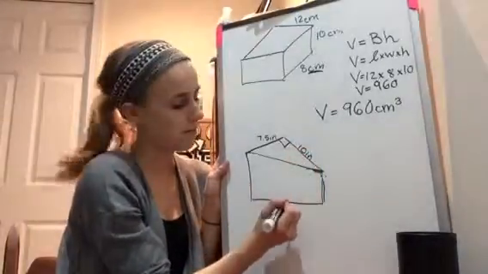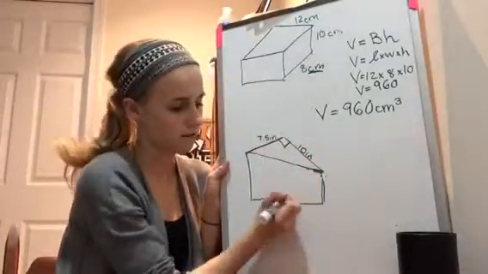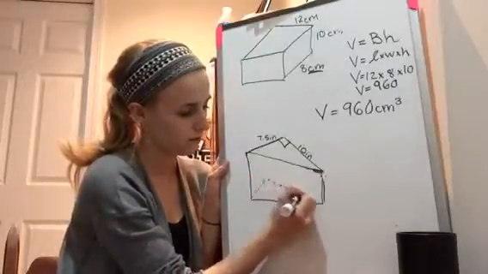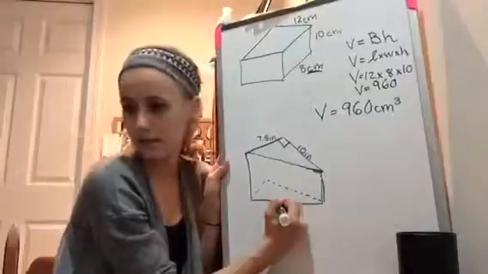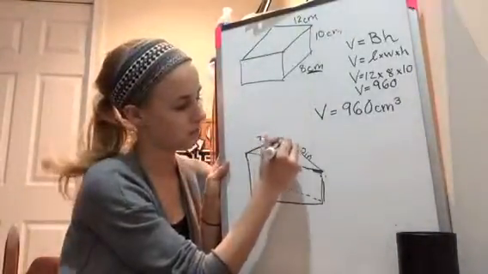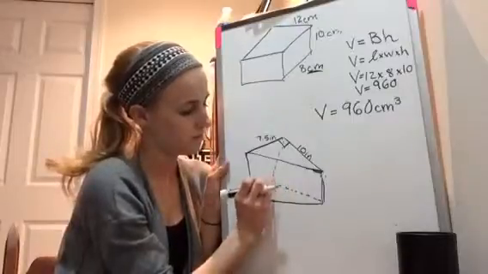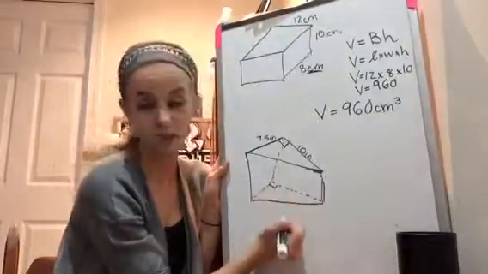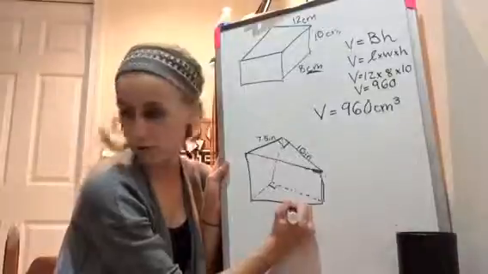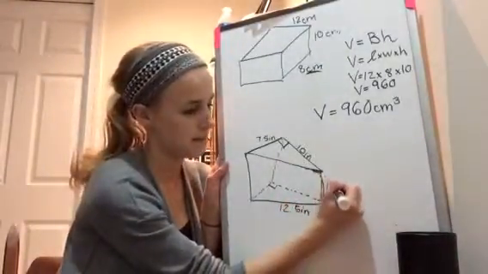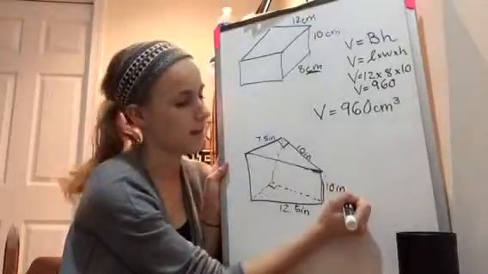All right, then we're given that our diagonal is, I need to draw my line down here. This would be easier if I had moved. Is 12.5 inches, and then this is 10 inches as well.